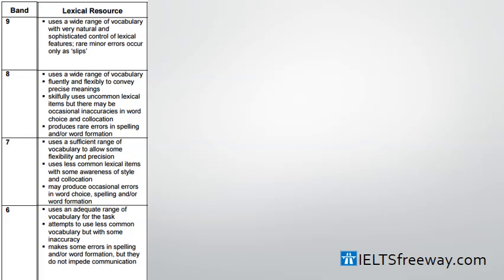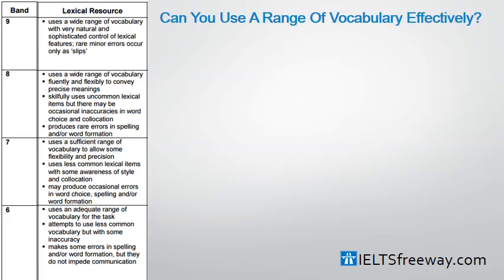Okay, the next area that we need to look at is that of lexical resource. Now, lexical resource is simply a fancy way of saying vocabulary. So, can you use a range of vocabulary effectively, or do you not know many words and how to use them?